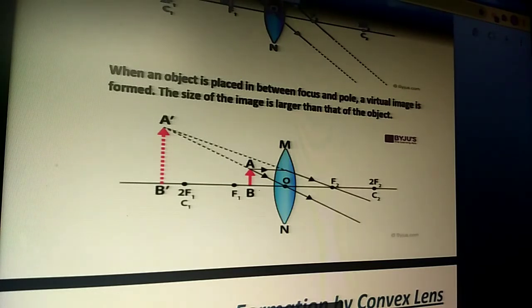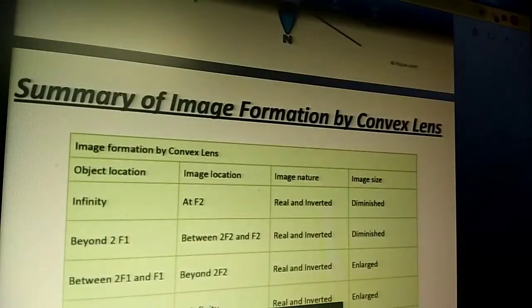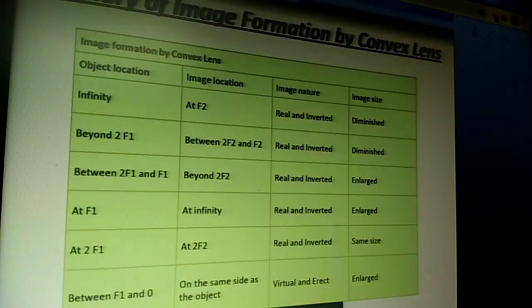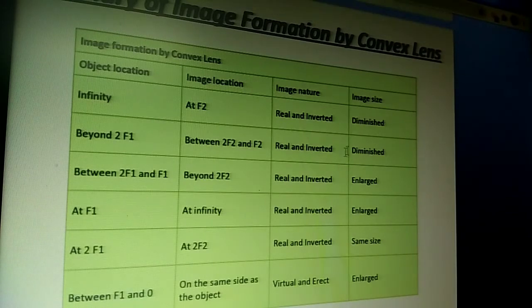Now in tabular form: first, the object location at infinity forms the image at f2, real, inverted, point size, highly diminished. Beyond 2f1, the image is in between 2f2 and f2, real, inverted, diminished. At 2f1 it forms at 2f2, real, inverted, same size.